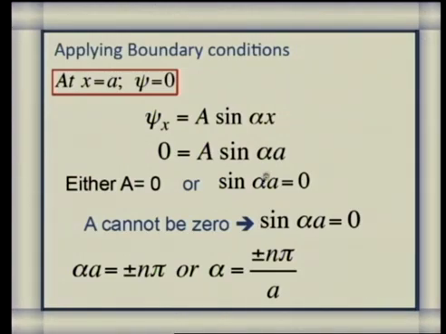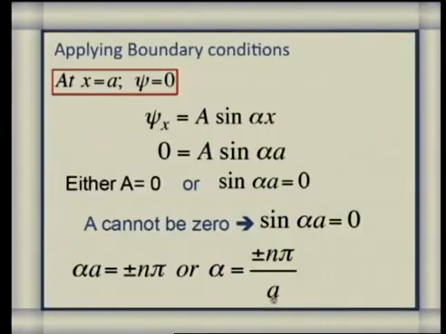So what I get is alpha equal to plus or minus n pi by a. That is the information I get, because I have substituted something earlier, alpha square equal to 8 pi square, and so on. By forcing my wave function to comply with the second boundary condition, alpha a should be plus or minus n pi, or alpha equal to n pi by a.